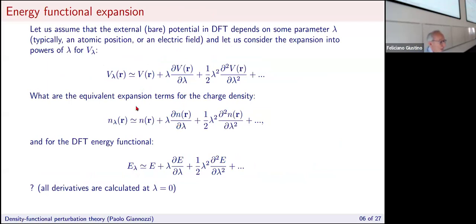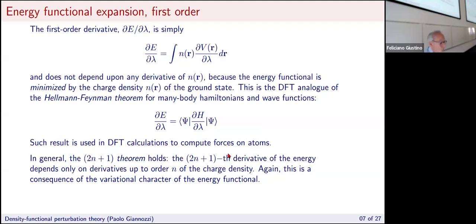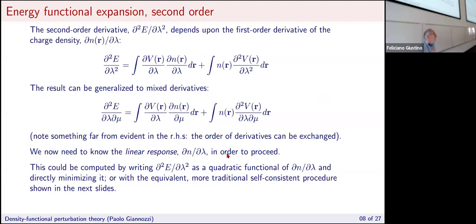So you expand the potential, you expand the charge density up to first order, you drop it here, you get the second order derivative of the energy as a function of the first order derivative of the charge density.